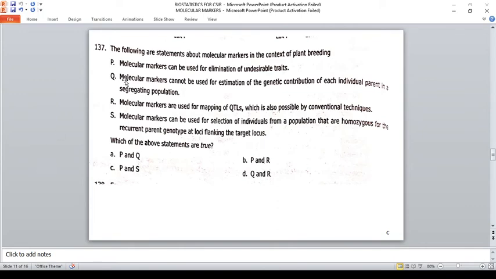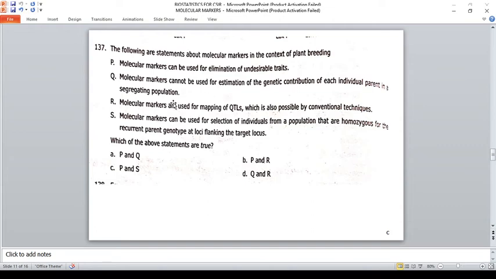Next, the following are statements about molecular markers in the context of plant breeding. Molecular markers can be used for the elimination of undesirable traits. Yes, it is correct. Molecular markers cannot be used for estimation of genetic contribution of each parent in a segregating population. No, it is wrong, because molecular markers can be used for the estimation of genetic contribution of each parent in a segregating population.